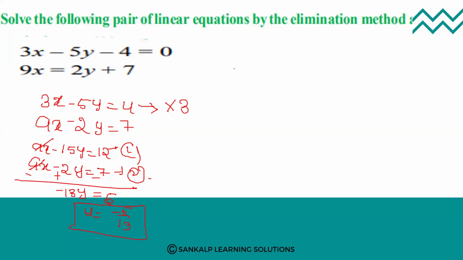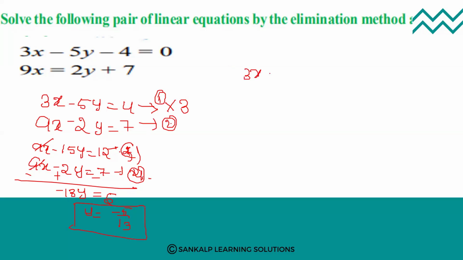Now substitute the value of y in equation number 1. I will call these equations number 1 and 2, and this is 3 and 4. Now substitute the value of y in equation number 1.